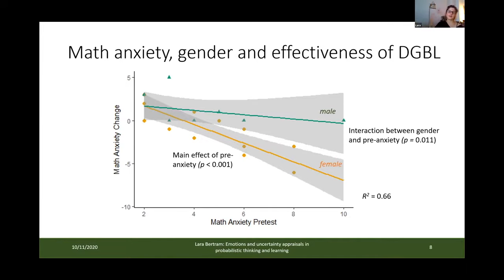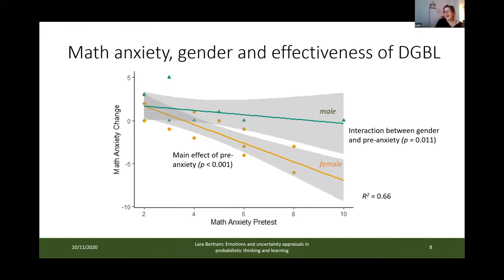And the reduction of anxiety is strongly related to how anxious students were before the intervention. And then we also see that for females, this effect is stronger. And so why I present this effect is that it's an effect that has already been shown in other literature. So I'm more confident here that I'm not presenting bogus.